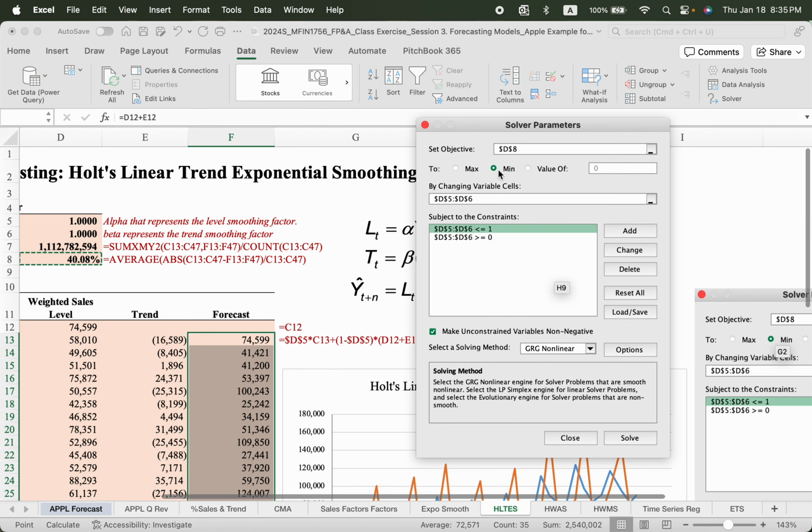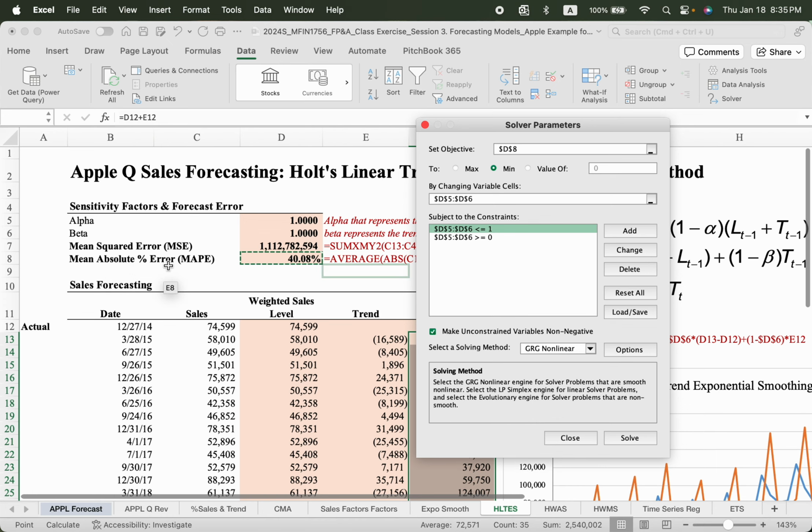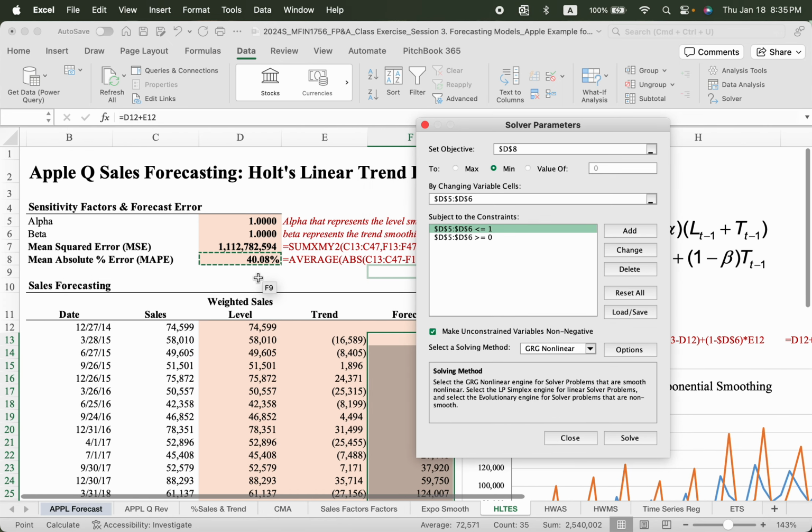So here, go to the Solver again. In this case, we want to minimize the mean absolute percentage error, 40%. We can set this as the objective, and then by changing these two variable cells. And then the constraint is between 0 and 1, right?